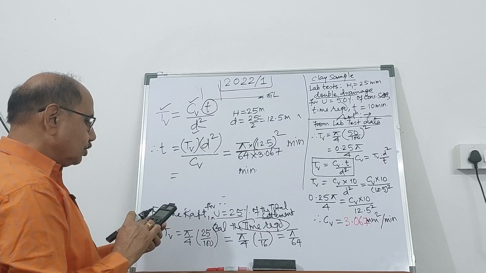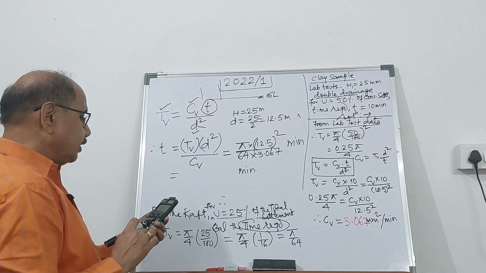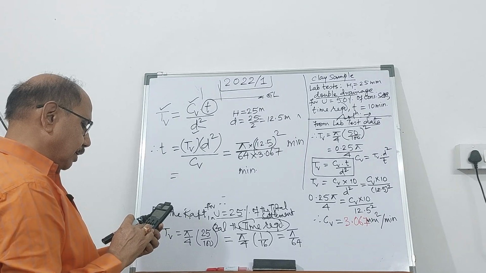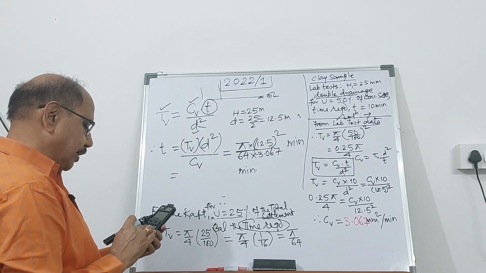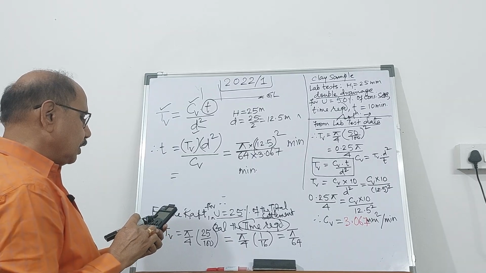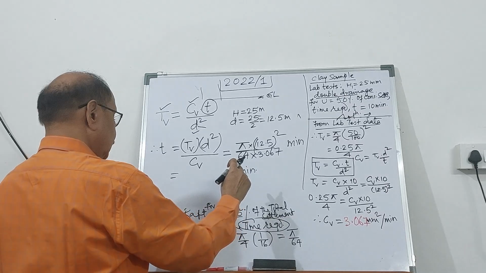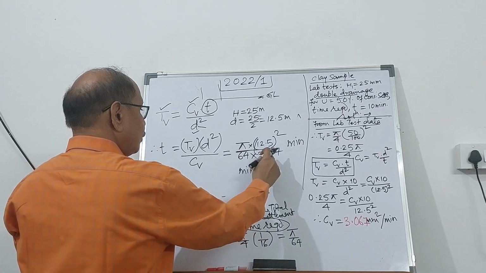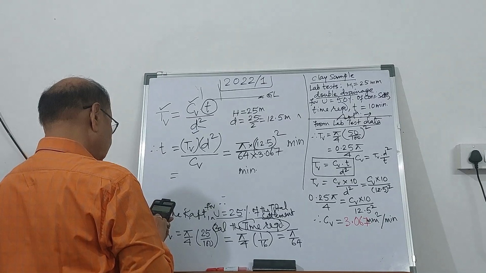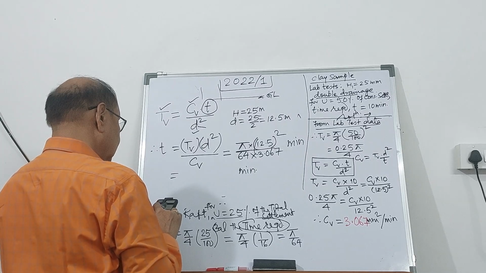So 3.067 multiplied by 64 in the denominator equal to this, and then we can calculate the numerator, and in the numerator it is into pi multiplied by 12.5 square.